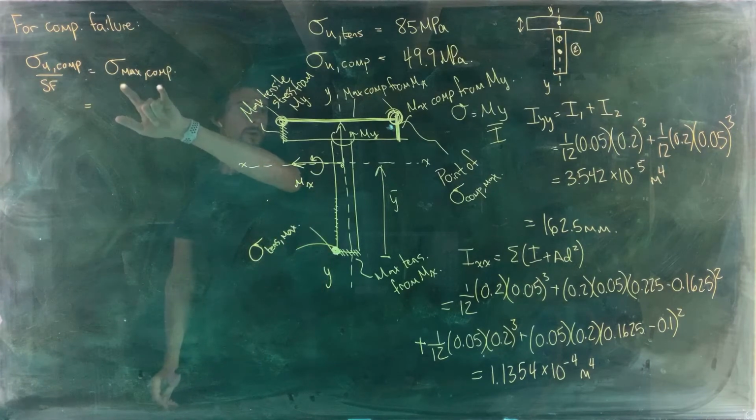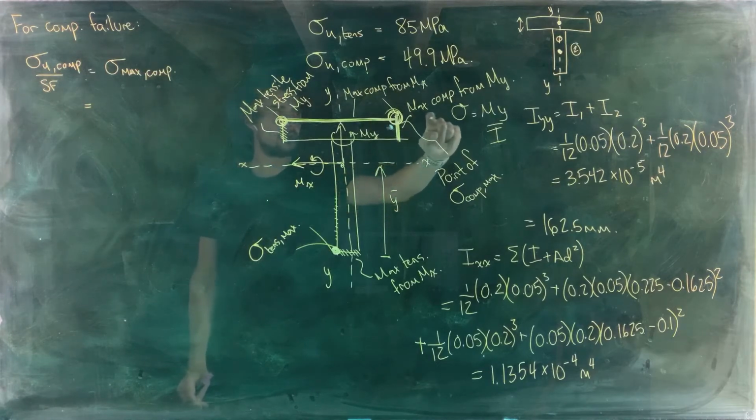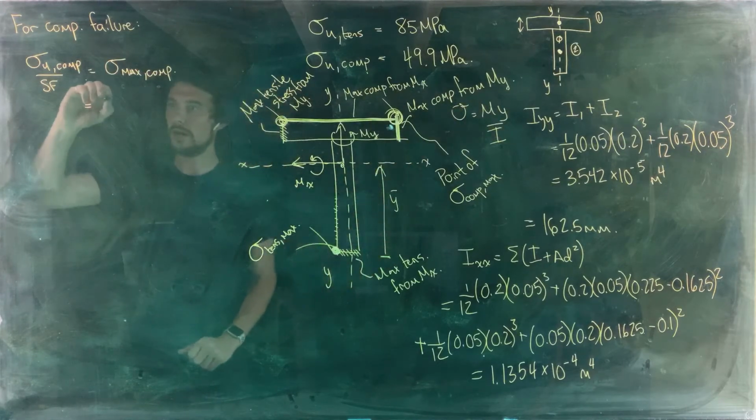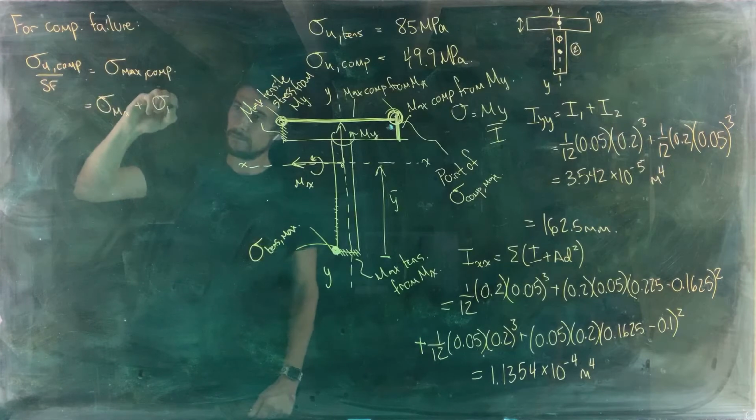We know it has a contribution from M_x and a contribution from M_y. So here we've got sigma from M_x plus sigma from M_y.